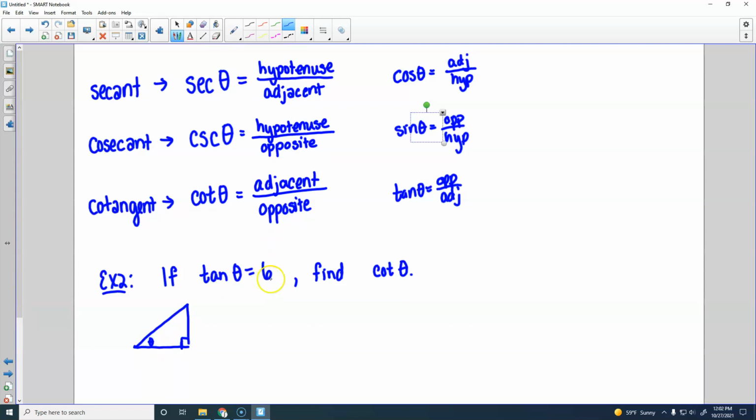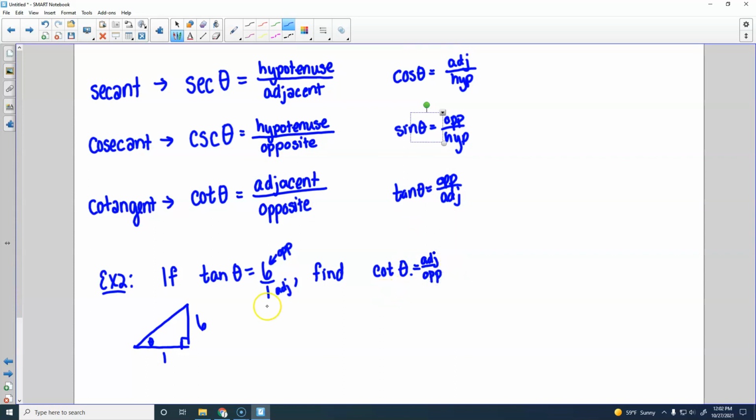But if we draw the triangle, 6 is not a fraction, so we make it a fraction by putting it over 1. So this is my opposite and adjacent. Opposite side would be 6, adjacent would be 1. But really, you don't even have to draw that, because cotangent is adjacent over opposite.